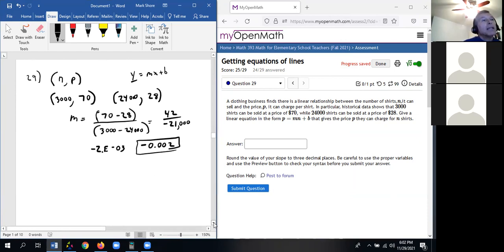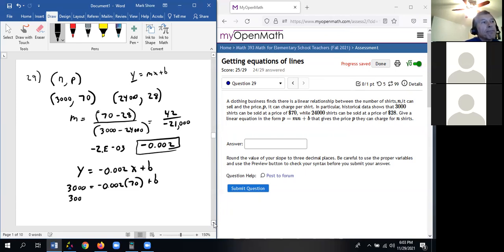The y-intercept, well, again, this is the last problem and it's pretty messy. So at this point, I'll just use y equals mx plus b. Y equals negative 0.002 x plus b. I have to get the b, so I substitute in a point. I'll substitute in 3,000 for the y equals negative 0.002, the x is 70, plus b. Now I just work this out.